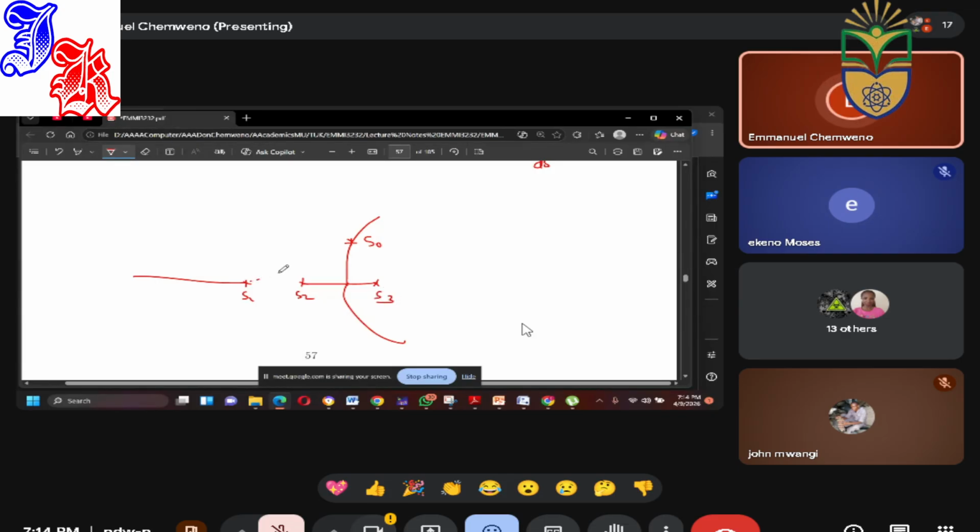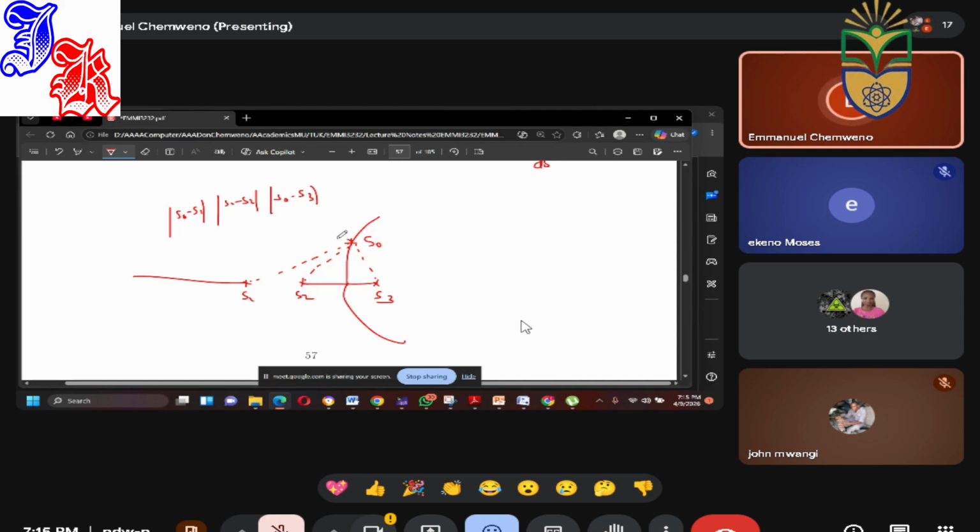This vector distance is S naught minus S1. This vector distance is S naught minus S2. And this vector distance is S naught minus S3.